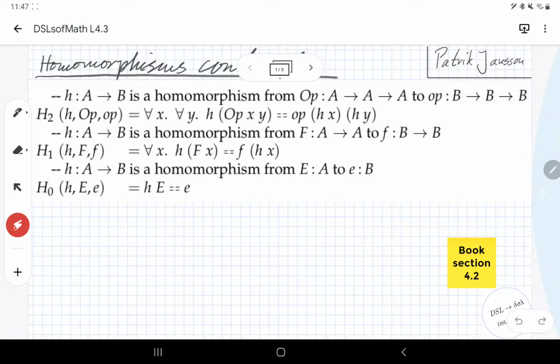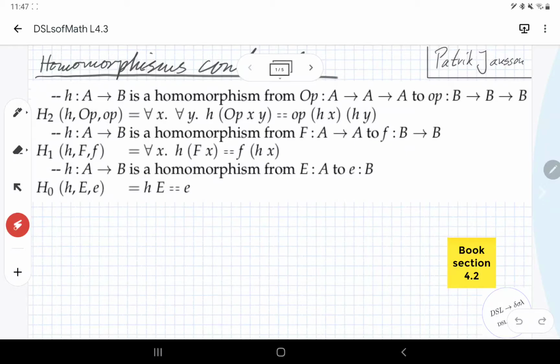And finally, the nullary case, where we just have a constant or a value, capital E and a lowercase e. Then there is no quantification, and h applied to E should be equal to e. Still, we translate from the A world into the B world.